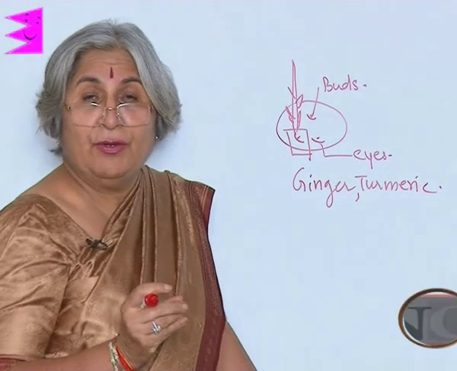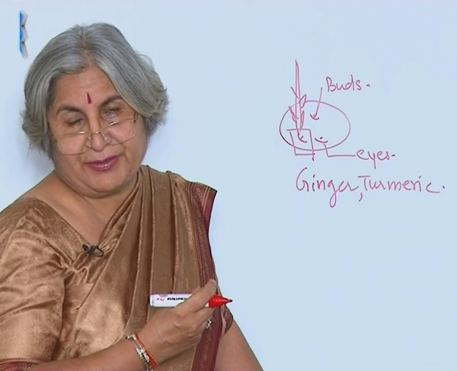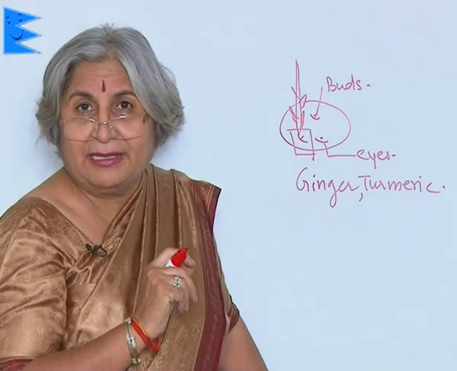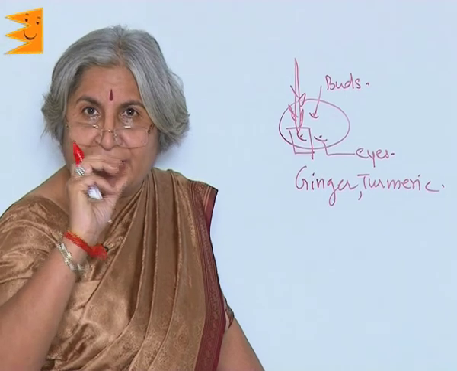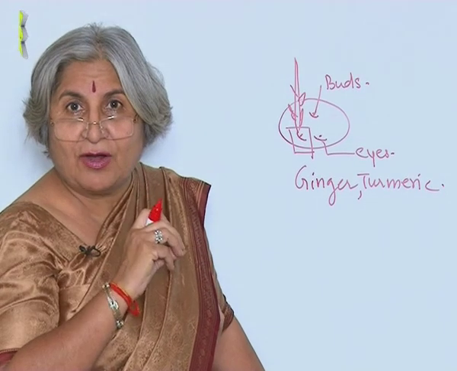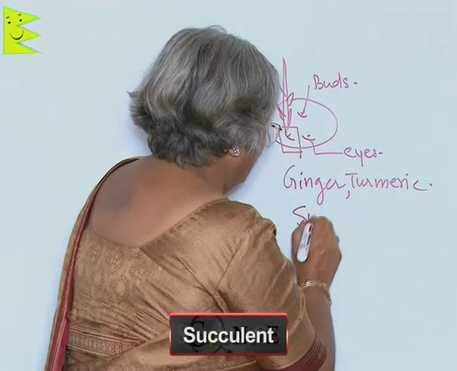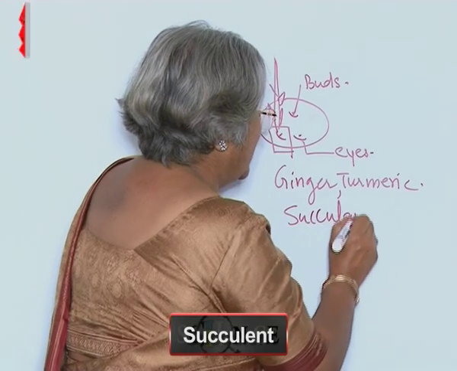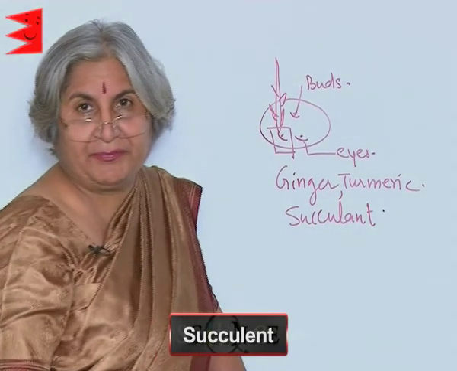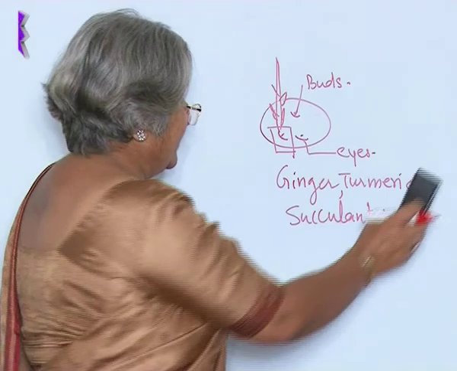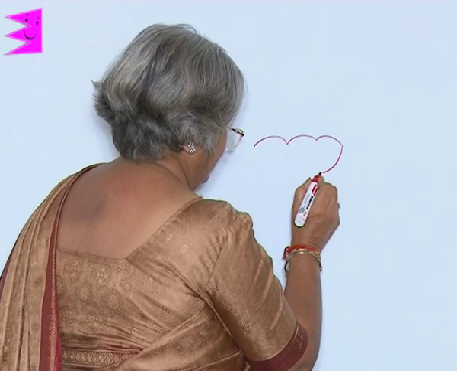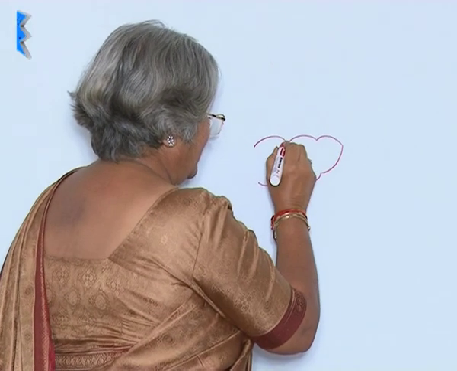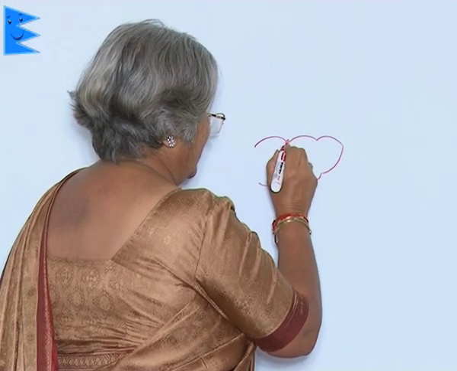Now, coming to how the leaves help in reproduction. Have you ever seen the plant of bryophyllum? It has thick leaves. Thick leaves are called what? Succulent. That means they have food stored in them. Now, these leaves, their margins are wavy like this, and here there are buds.